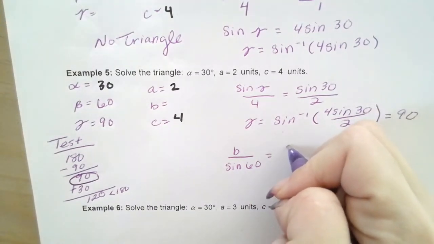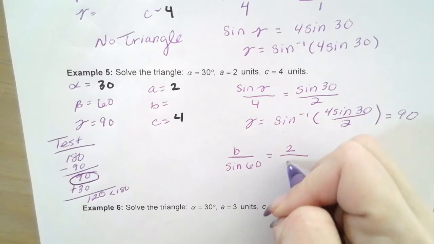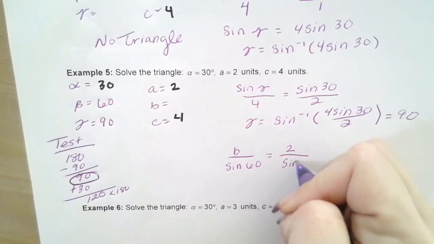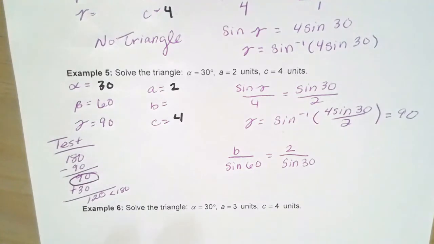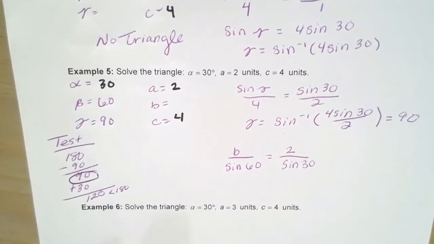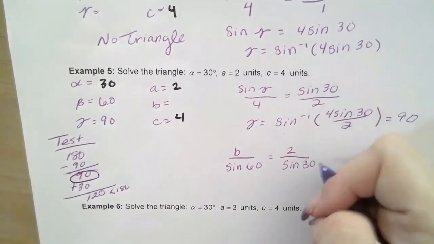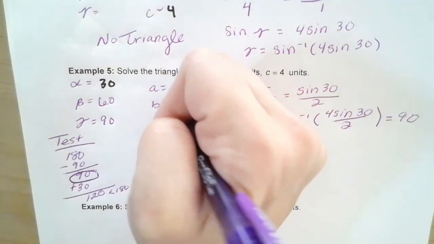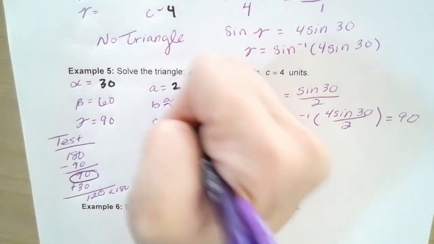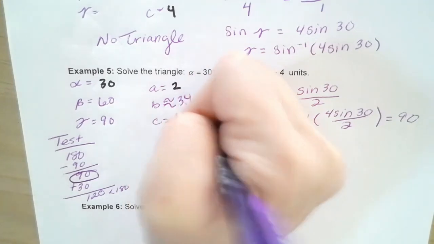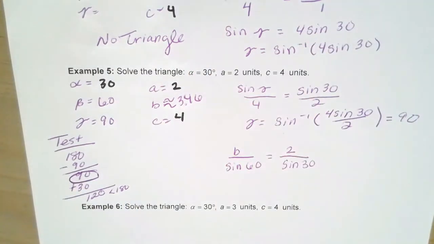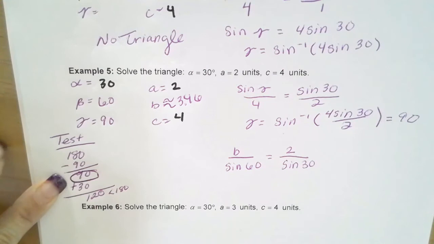So I get side 2 over sine of 30. And here I solve. When I solve for this, we get approximately 3.46.